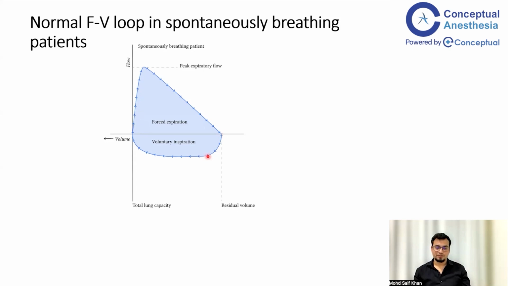That is your inspiration, and then you slowly come down. The flow comes down and then reaches the total lung capacity. So you inhale a little bit faster initially, and then your inspiratory flow becomes kind of static, a plateau, and then suddenly it reaches this point and inspiration stops. So this is the whole interpretation of the flow volume loop, physiologically.